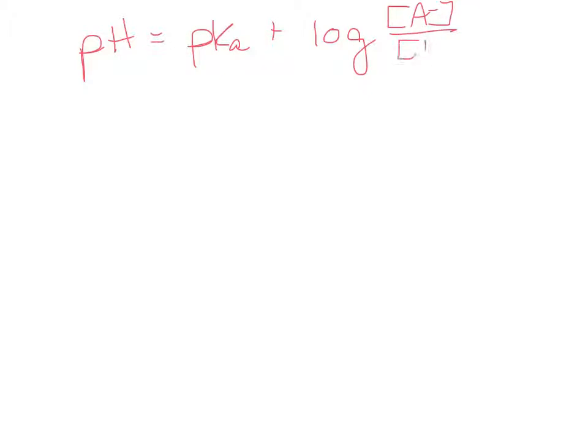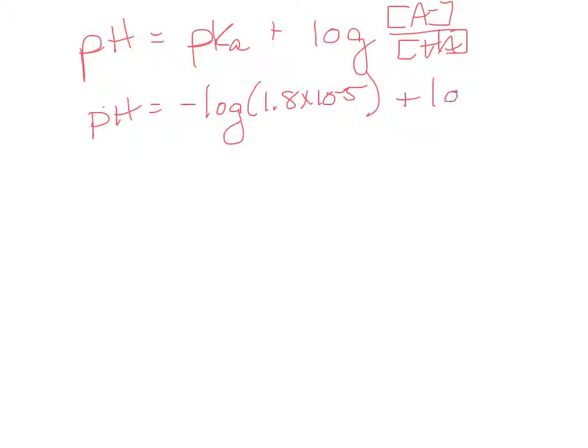All right, so now we're going to go ahead and plug in what we know into the Henderson-Hasselbalch equation. We are trying to solve for pH in this problem. pKa is minus log of the Ka, which is 1.8 times 10 to the minus 5.